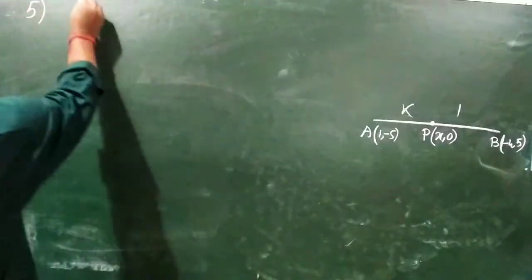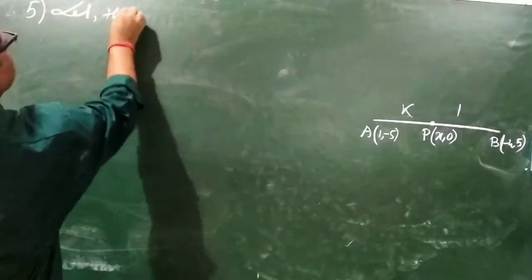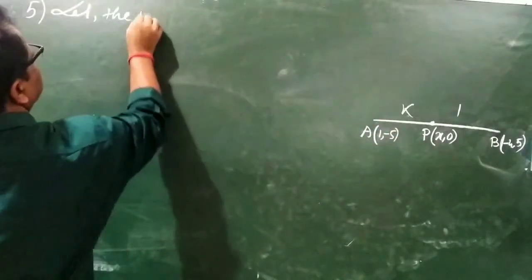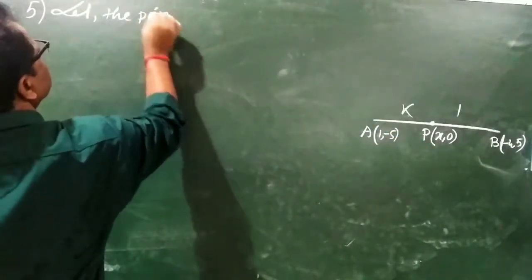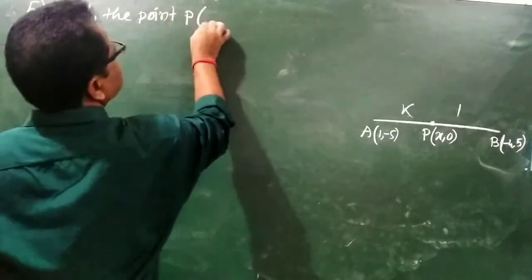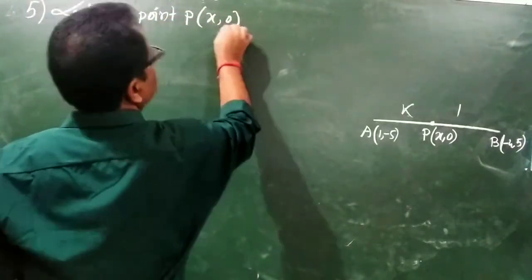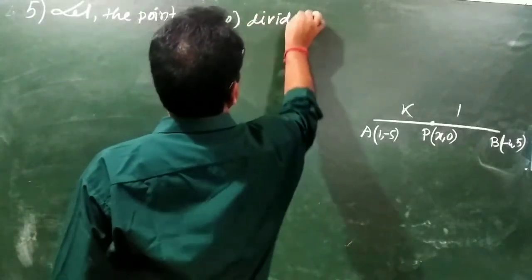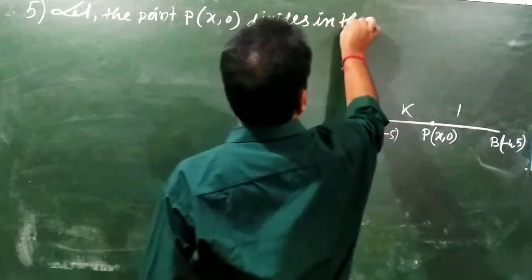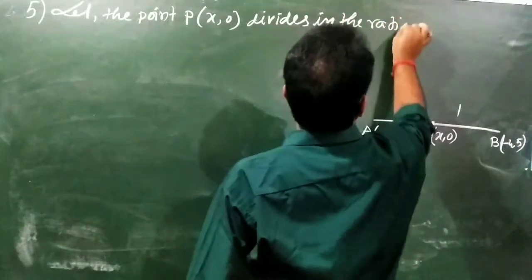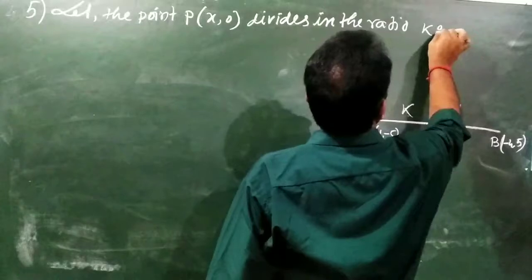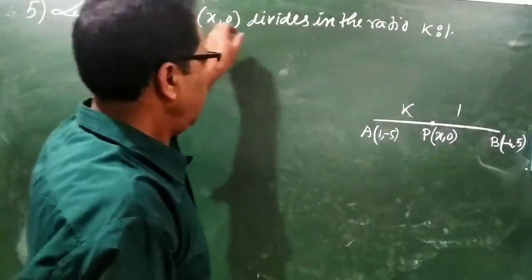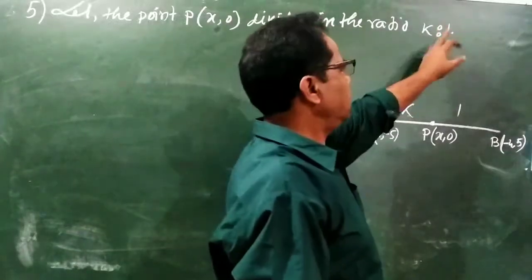So let the point P, whose coordinates are (x, 0), divide it in the ratio k is to 1. Here the point P that we have supposed has coordinates (x, 0), and the ratio that we have also supposed is k is to 1.